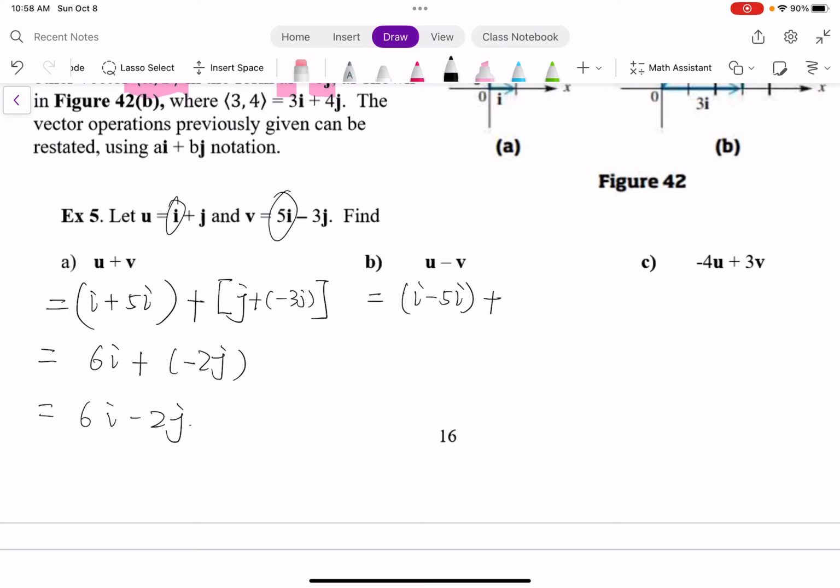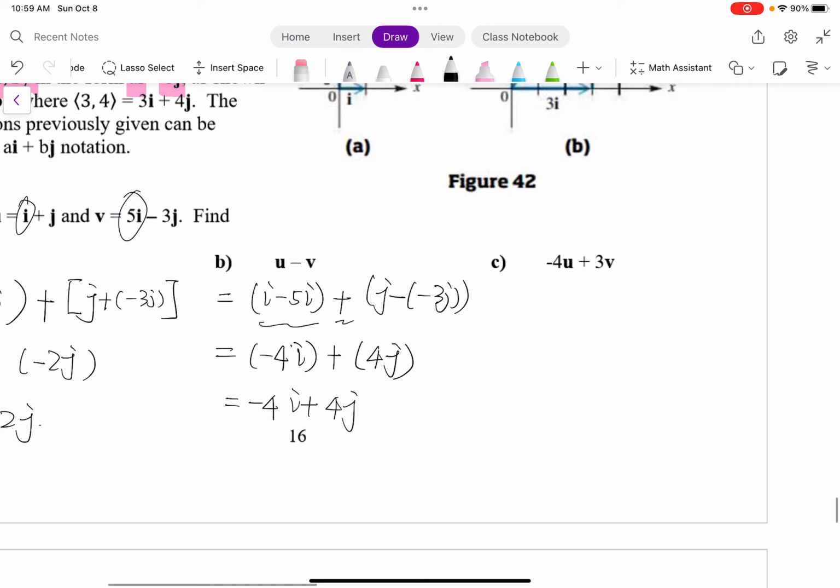So we always have i part plus j part: j minus negative 3j. So we have negative 4i plus what's inside: j plus 3j is 4j. We have negative 4i plus 4j.